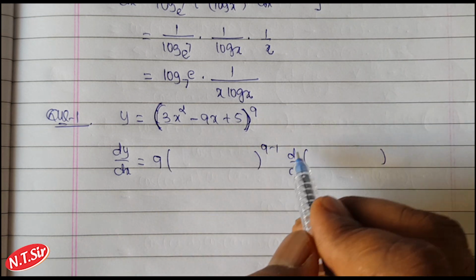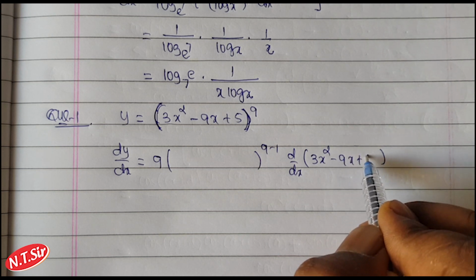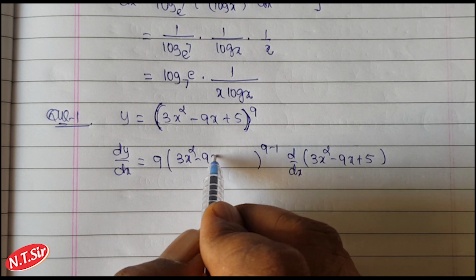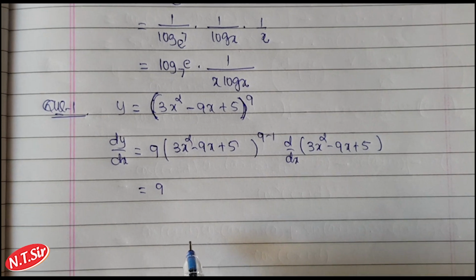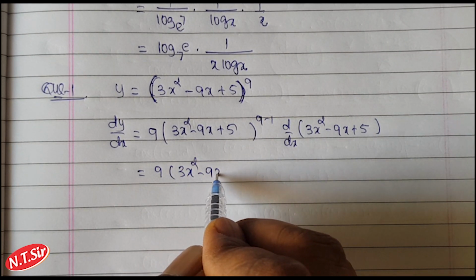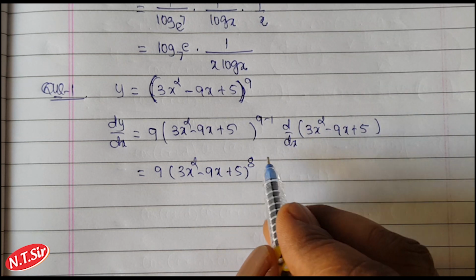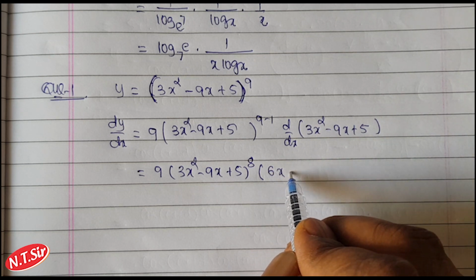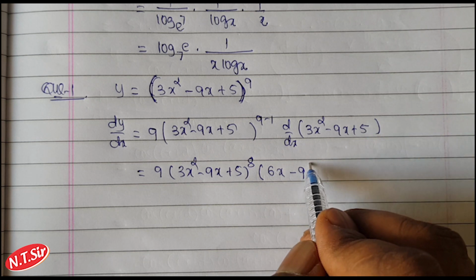Now what is in the bracket? 3x square minus 9x plus 5. So this is 9 into 3x square minus 9x plus 5 raised to 9 minus 1 is 8, into derivative of 3x square is 6x minus 9, plus derivative of 5 is 0.